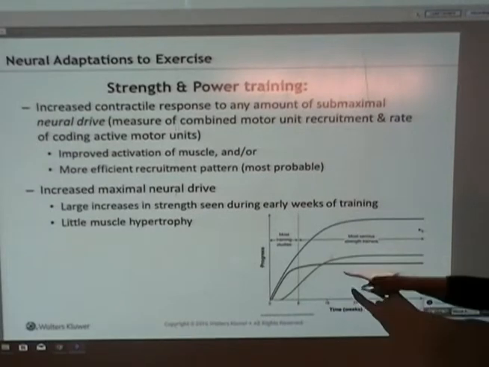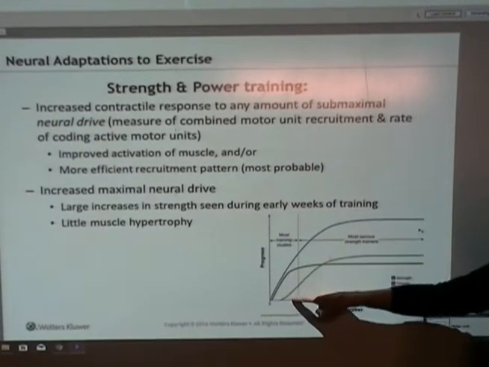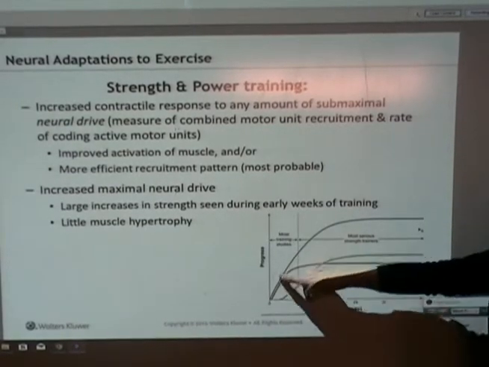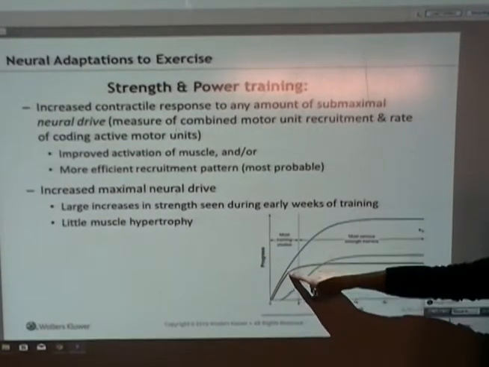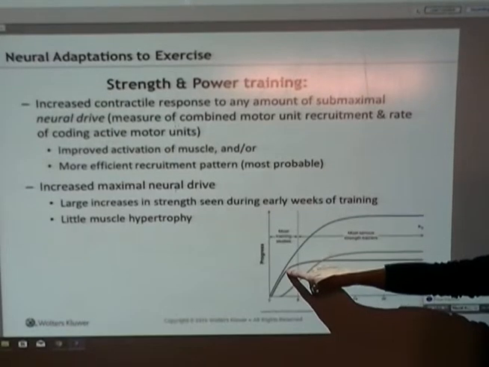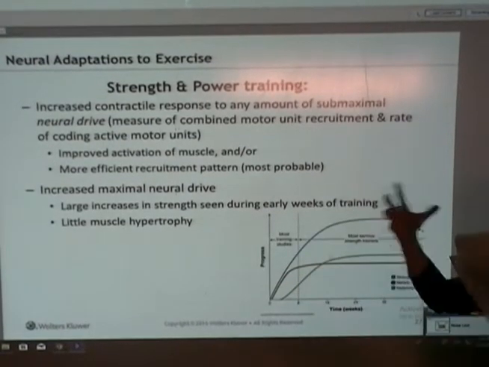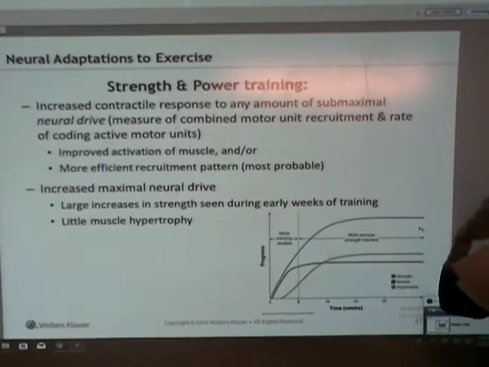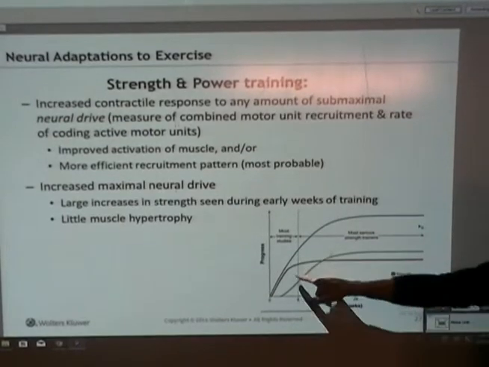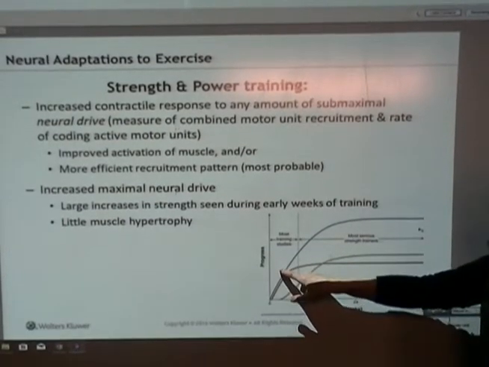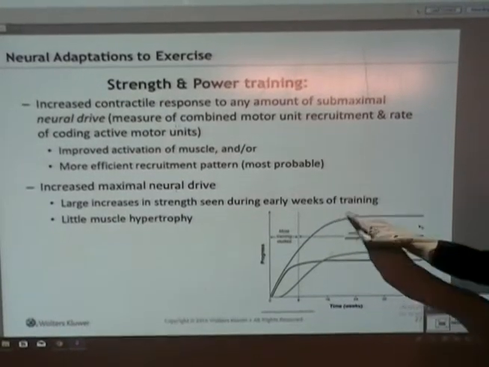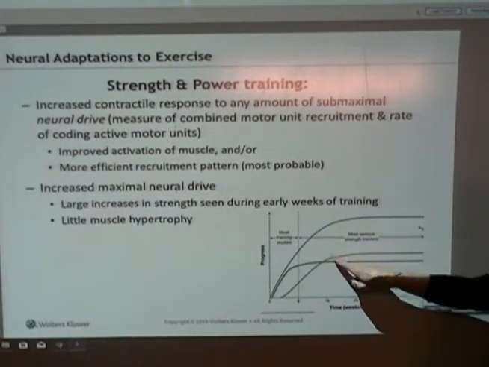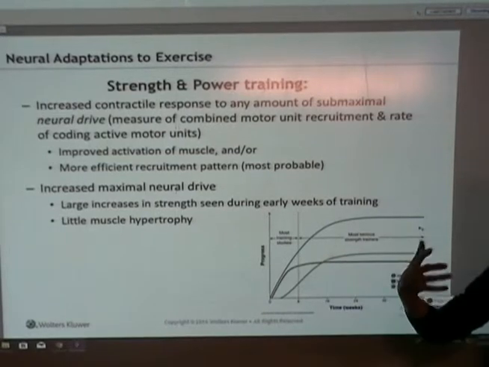Right? So we don't see a lot of hypertrophy when we get this great big initial increase in strength, but we do get significant changes within the neuromuscular interaction. Right? So it's not until later on that my improvements in strength are more down to the fact that my muscles are getting bigger.